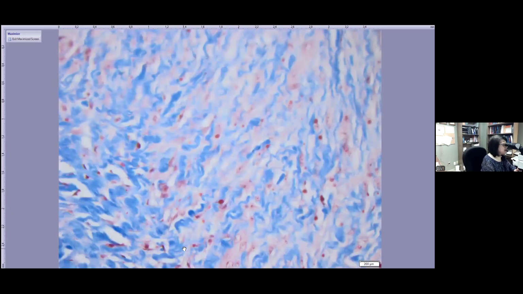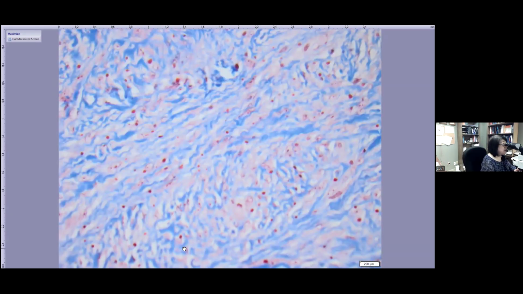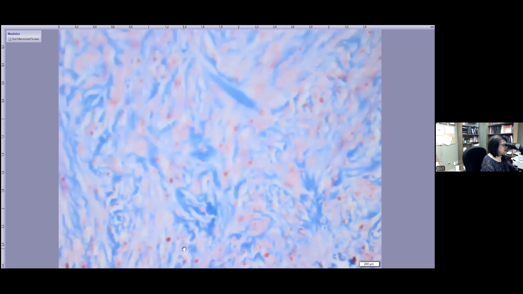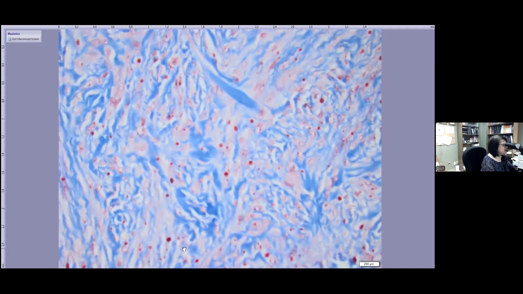Better, can make it better. So why does trichrome highlight those? Because this inclusion is a degenerative change. It's an actin related material. So trichrome stains muscle red, collagen blue. So those are like actin material.